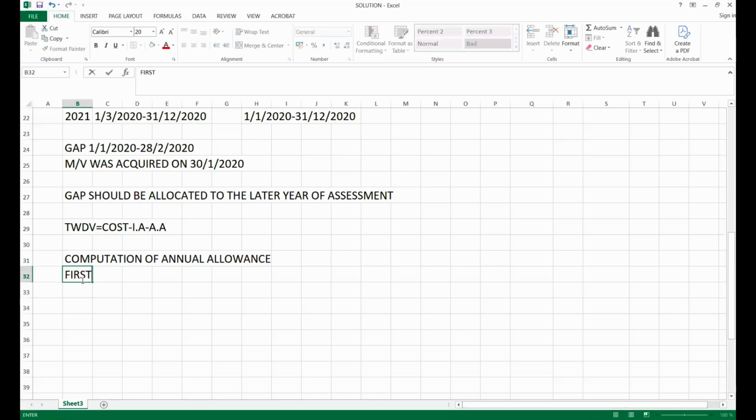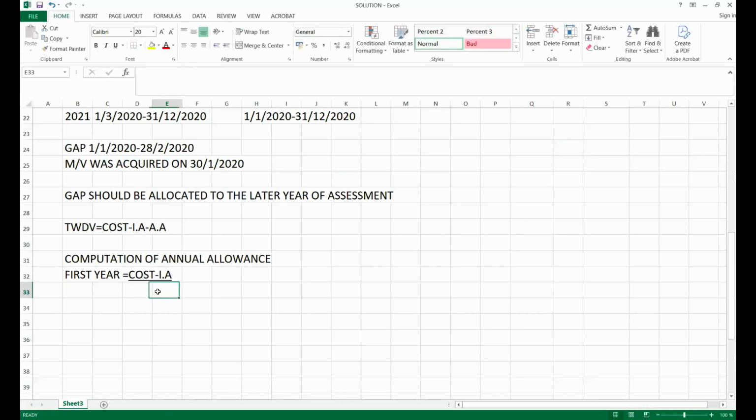In the first year of assessment, your annual allowance is calculated as cost minus initial allowance, divided by big N.